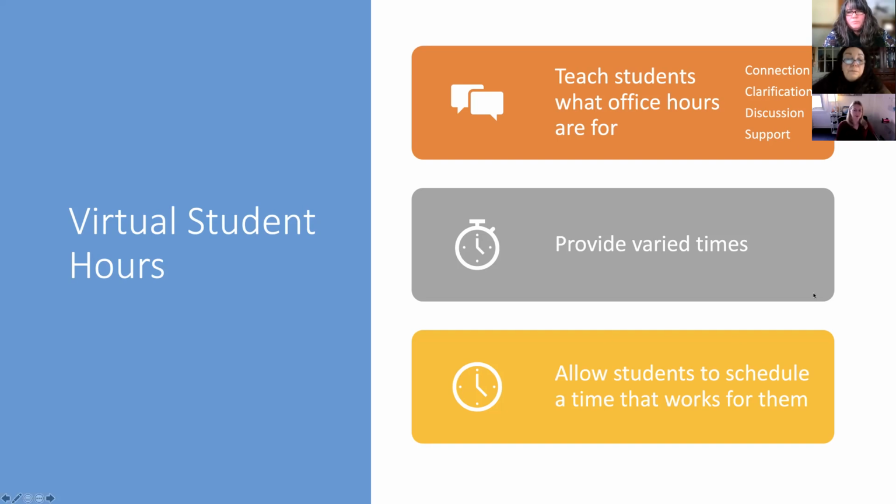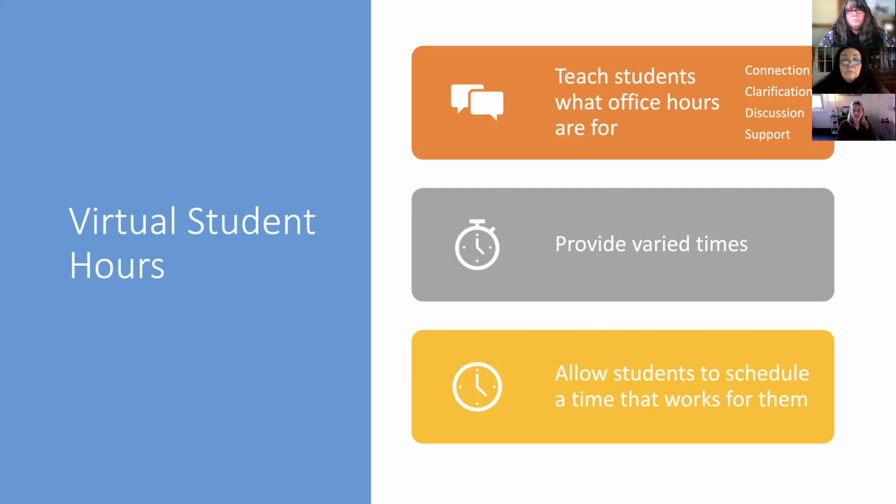If I have set office hours, I provide different times, and I try to do one morning-ish and one evening-ish if I'm doing 2 office hours for a course. More recently, I've switched to a schedule model. I use the tool Calendly, which allows students to choose times in which to meet with me. I can block out sections for different courses in which they can choose a 20-minute time slot to meet with me.